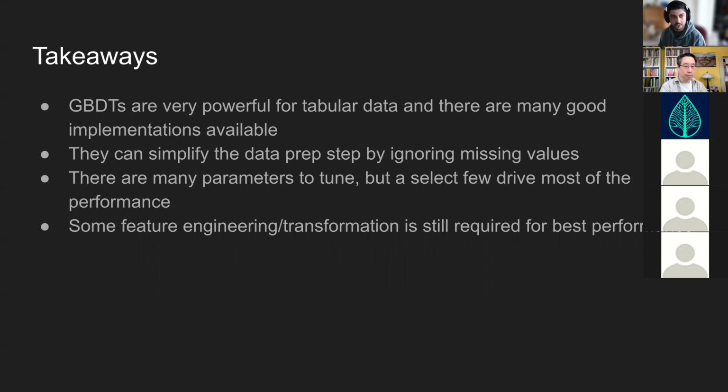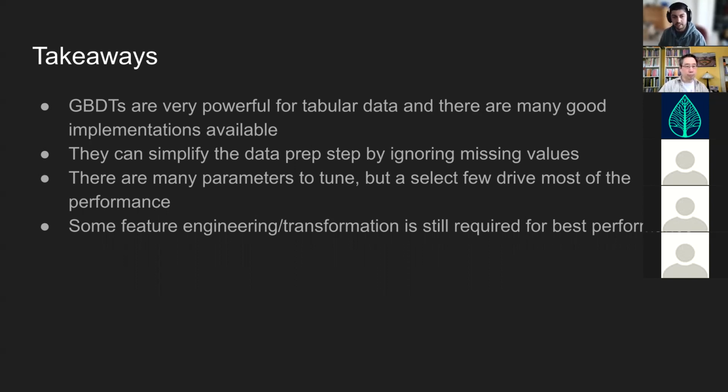But I would still err on the side of gradient boosted decision trees being your default if you're doing tabular data. If you really have to eke out as much performance as possible, it's definitely worth looking at those kinds of methods. But currently, I would still say gradient boosted decision trees are state of the art on this kind of problem.